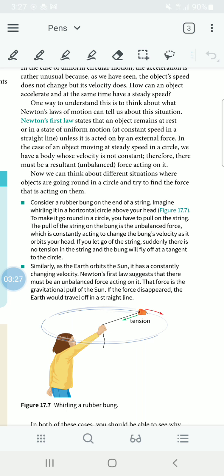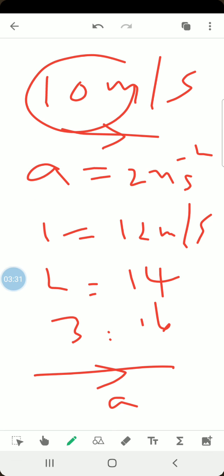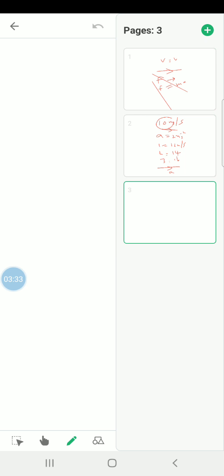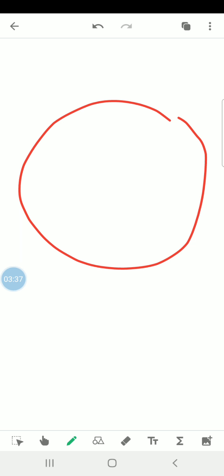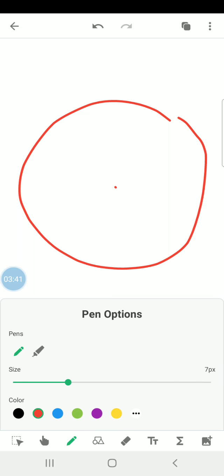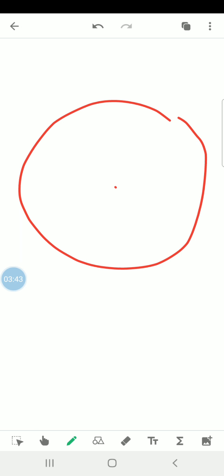There is a force, so there has to be an acceleration. Now let's try to figure out how this affects the movement. In this circle there is a central point, this is the string, and there is a force acting towards you. So the acceleration should be in the direction of the force, that is towards the center.